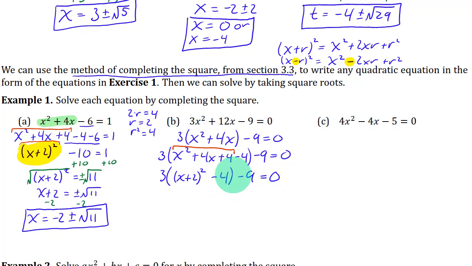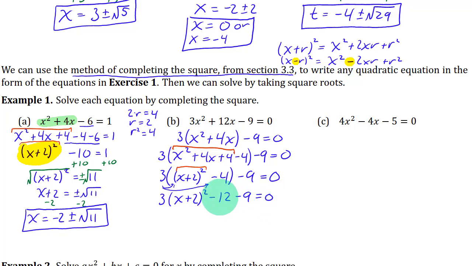Now we could distribute the 3 in there. There's various ways. You could add the 9 to both sides first and then divide by 3. But I'm going to take this 3 and distribute it in there, so it looks like the same order I was doing things in section 3.3, just to be consistent. So this will give you 3 times x plus 2 squared minus 3 times 4, which is 12, and then there's a minus 9 on the outside.